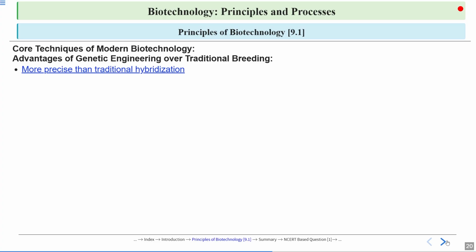So it is beneficial in this way, that it is more precise than traditional hybridization. Second, as I told, it allows the introduction of only the specific desired gene.